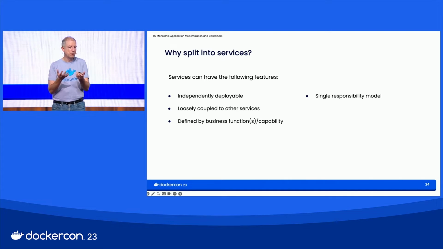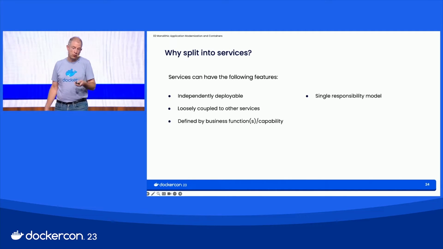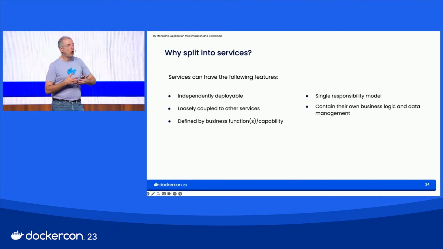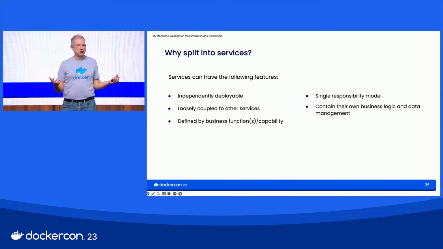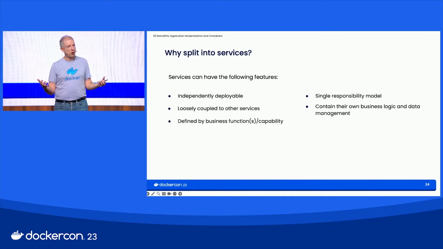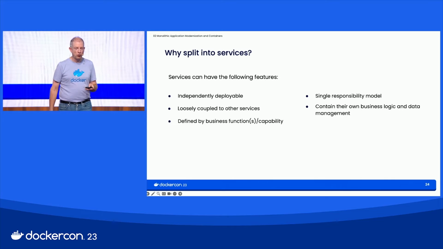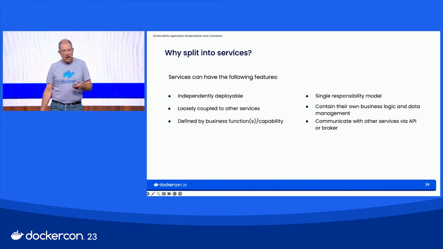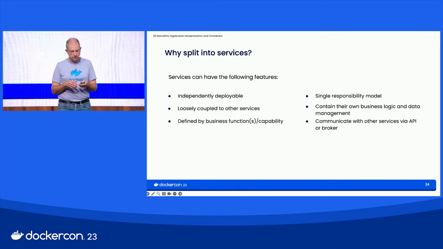You're not combining a bunch of different things into a single service, otherwise you still have a monolith. And then they contain their own business logic and data management. So they understand the business rules around them, and they understand the data management for things related to that particular function area. And they communicate with each other via a service or some kind of API or broker.